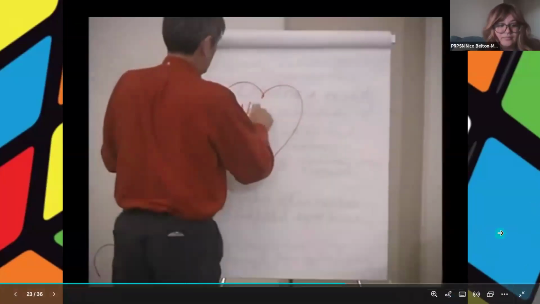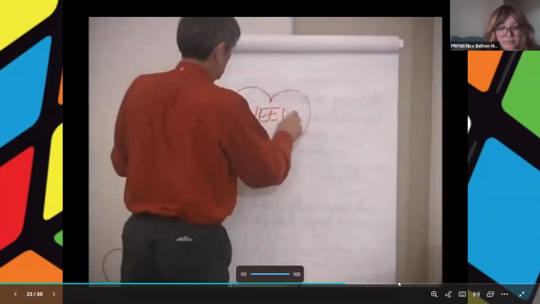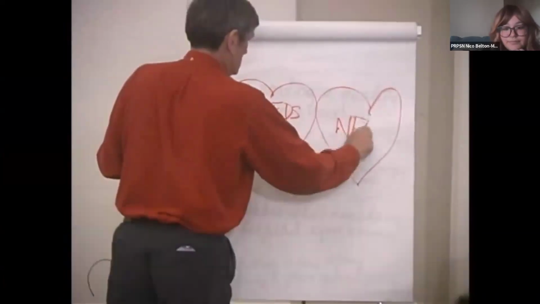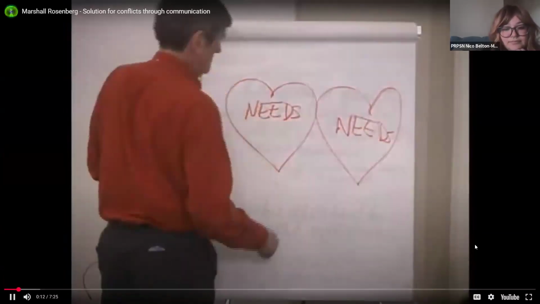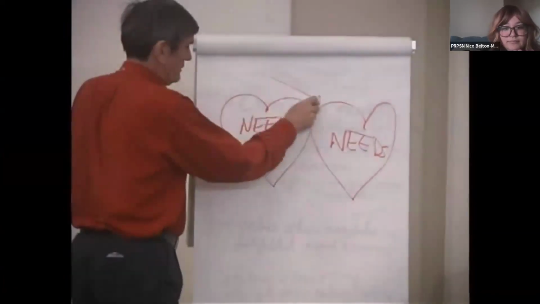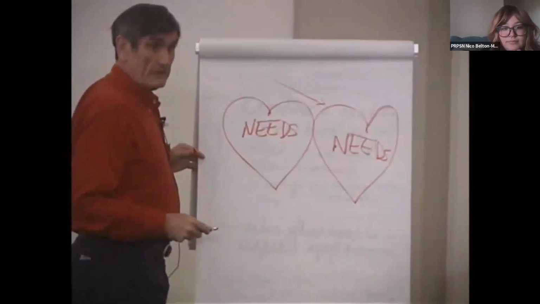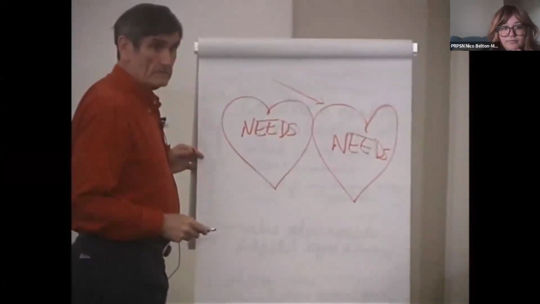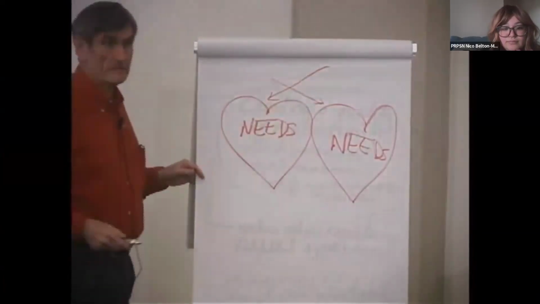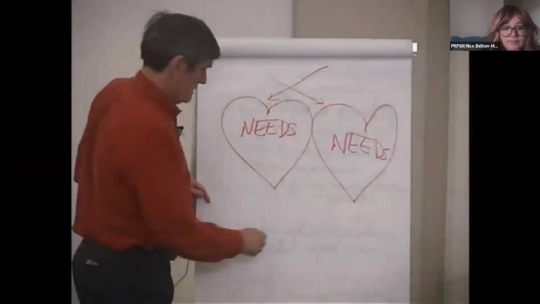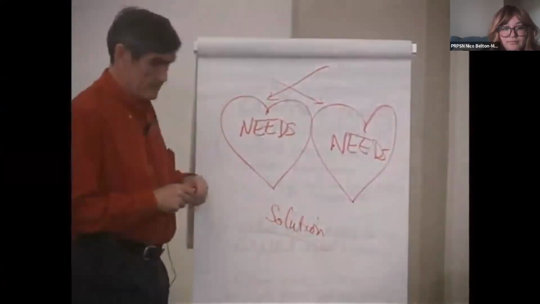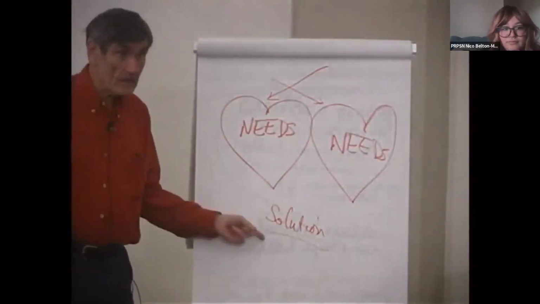Here's your wife's needs. Here's your needs. When she hears your needs without hearing any criticism or demand, and you hear her needs without any criticism and demand, the solution will find you. The conflict will resolve itself. It does need to be resolved.